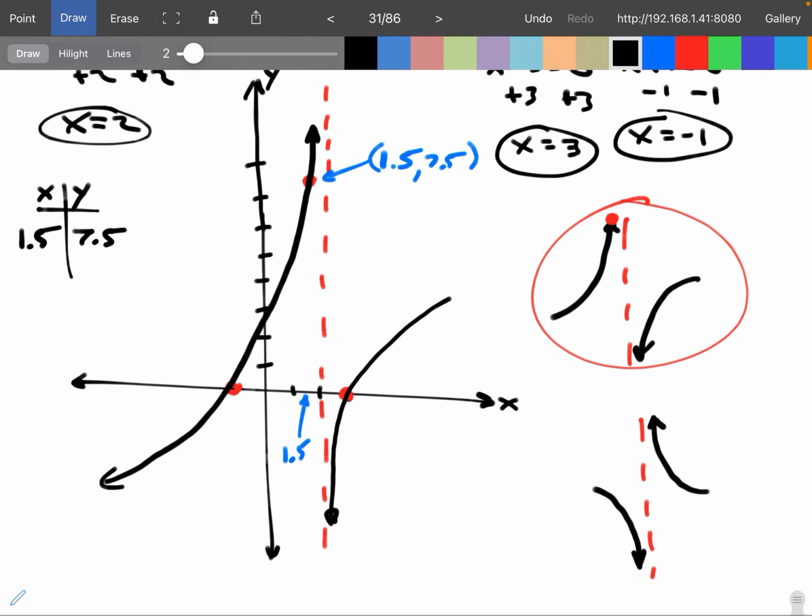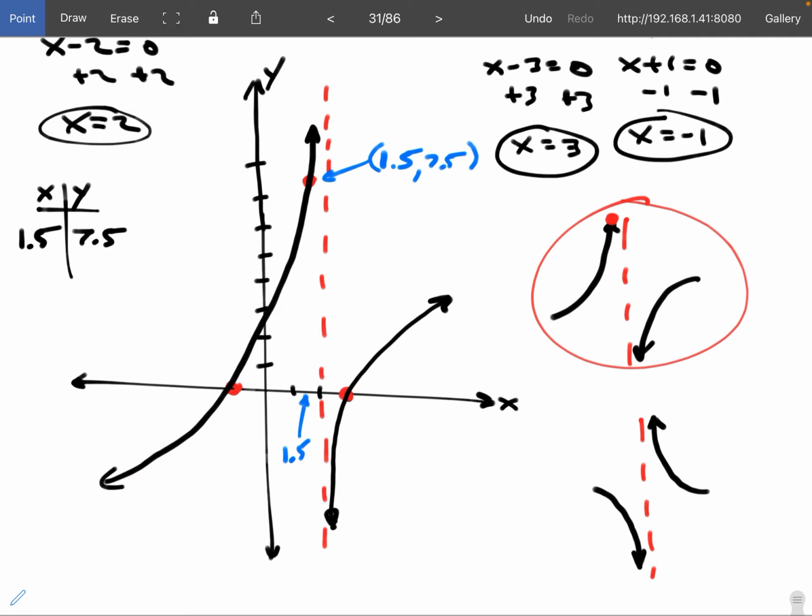And it passes through that x-intercept of 3. So our graph looks something like that. Now, we don't know exactly how this part's curving right here or how it's curving over here, but we do know that it crosses the x-axis at -1 and at 3. And that's it.